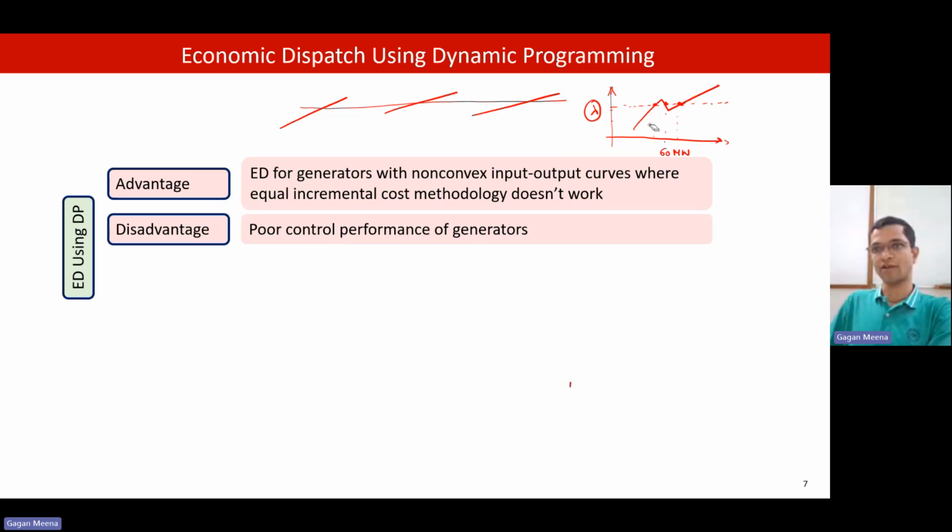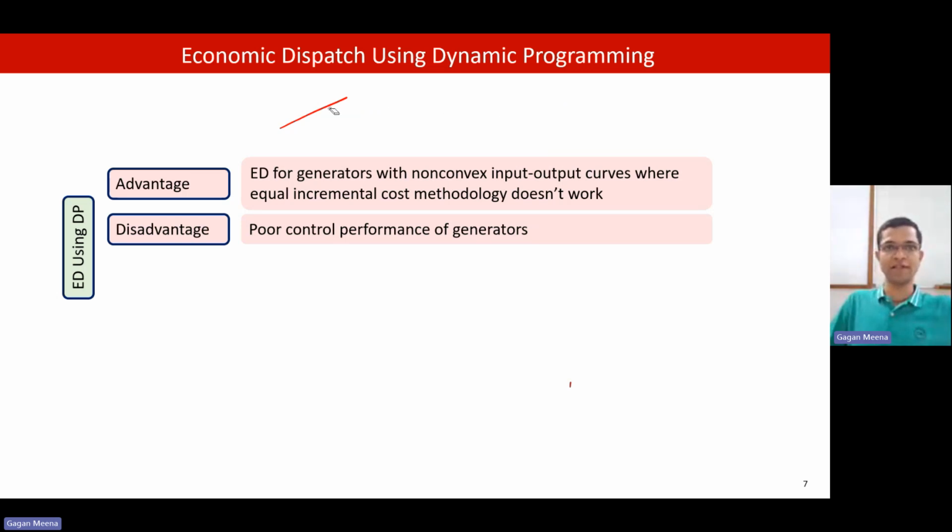So this line is not always above the function. Therefore, this function is non-convex, and in such cases we cannot use the previous methods. Dynamic programming comes to our rescue in such a case.